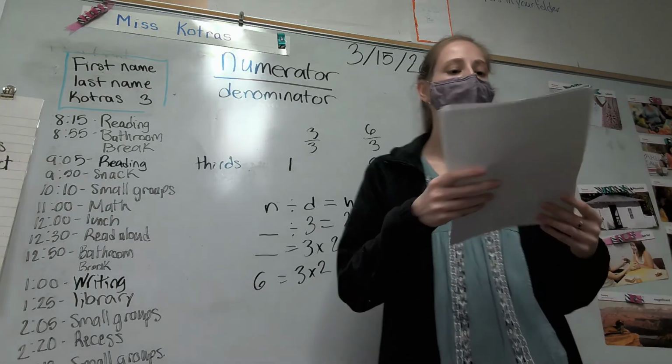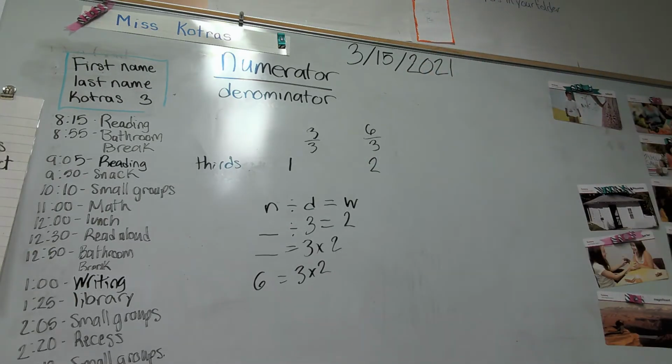All right. Our application problem. I'm going to pass it around. And while I pass it around, I'm going to read it with you. It says, Sammy sees a black line at the bottom of the pool stretching from one end to another. She wonders how long it is. The black line is the same length as 9 concrete slabs that make the sidewalk at the edge of the pool.